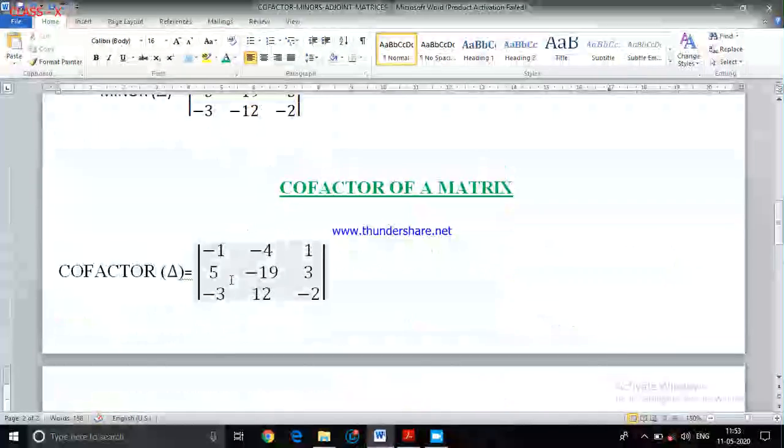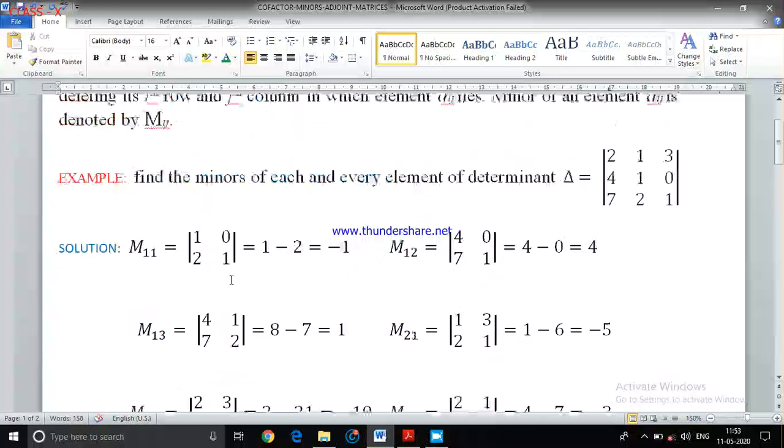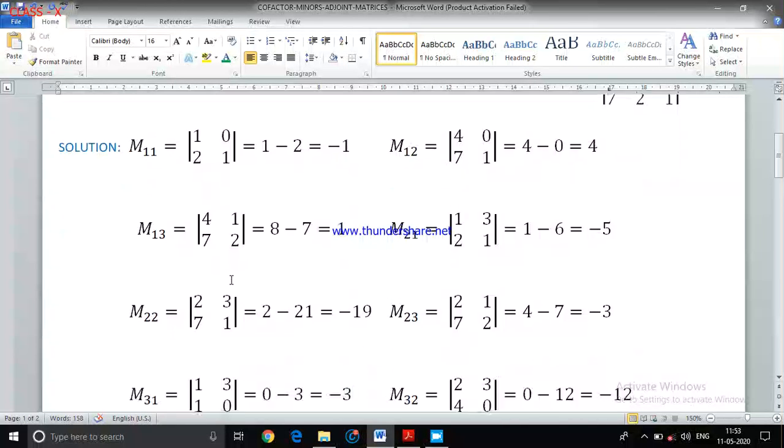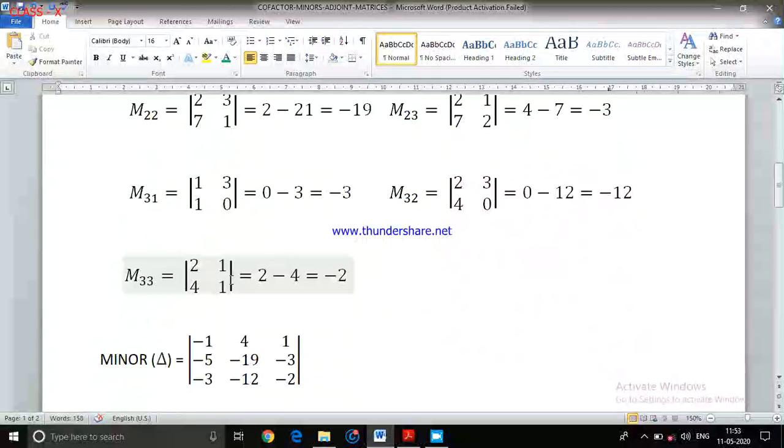First you have to find the minor of the matrix with proper care: which rows and which columns you have to eliminate, and which to add. Be careful with the signs when you are subtracting.